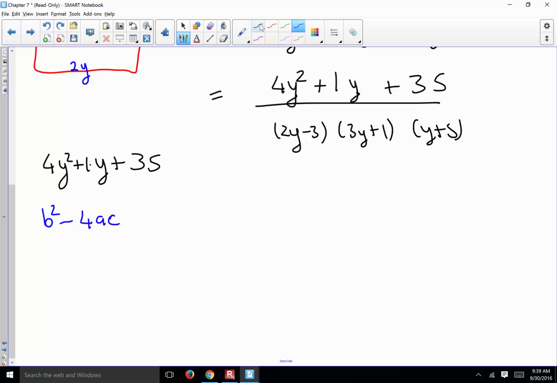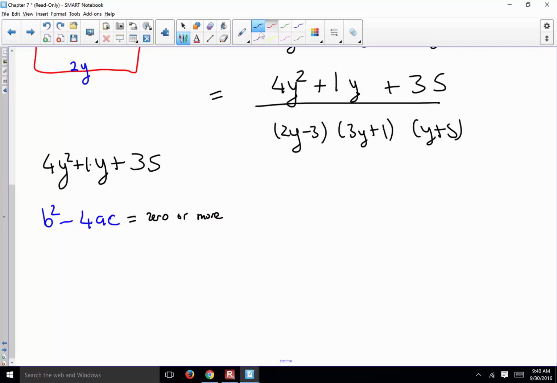To be able to separate or factor a trinomial or quadratic function like this, b squared minus 4ac must be positive, 0 or more actually. Either 0 or anything more than 0, like positive numbers.